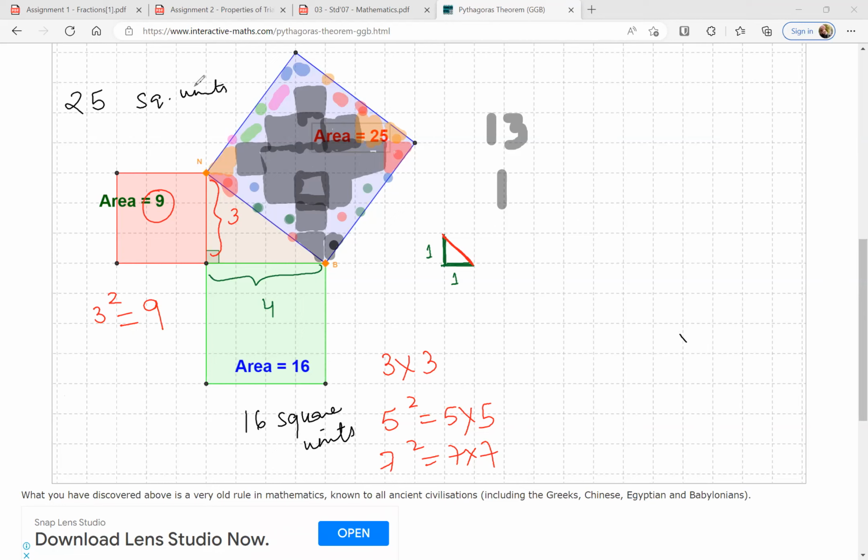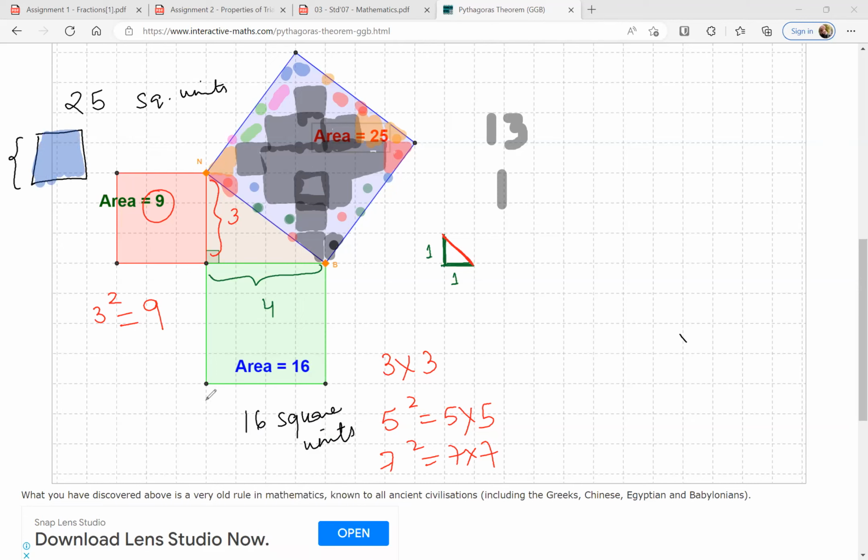Now, Hiba, if you have a square whose area is 25 square units, what will be the side of that square?